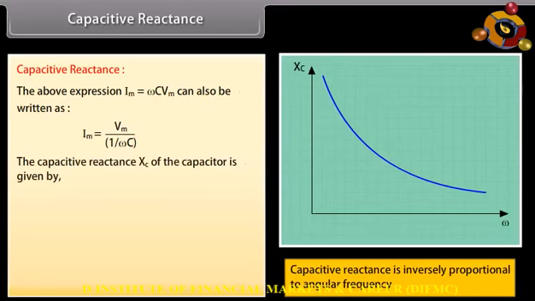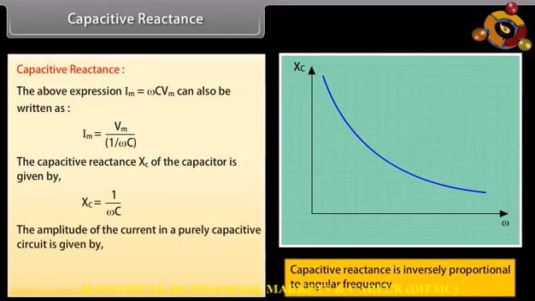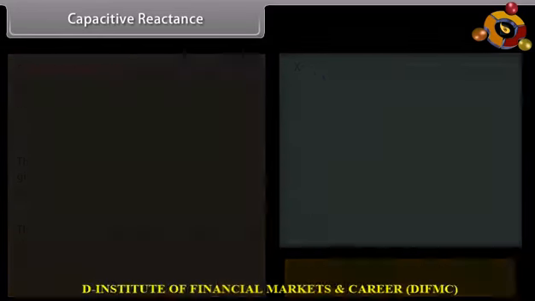The capacitive reactance Xc of the capacitor is given by 1/omega C. The amplitude of the current in a purely capacitive circuit is given by Im = Vm/Xc, or Irms = Vrms/Xc.